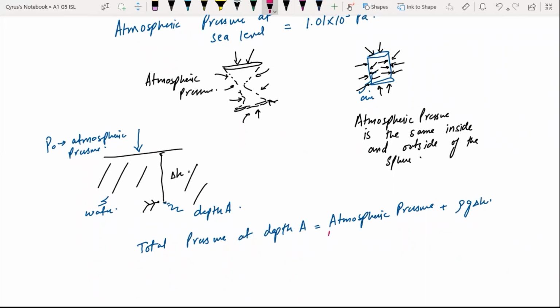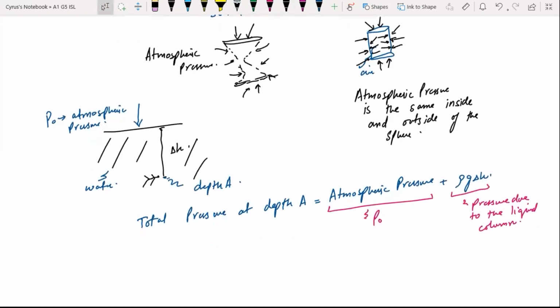I'm going to write here P naught. This is P naught. This is rho g H. This is the pressure due to the liquid column here. And you can get the total pressure at this point. P naught is the atmospheric pressure. No? P naught plus rho g H. P naught is the atmospheric pressure at sea level.